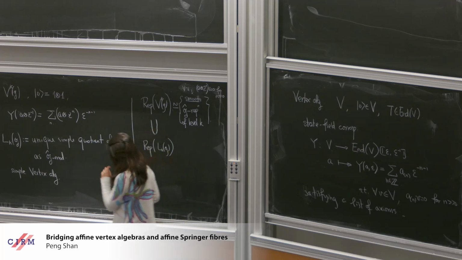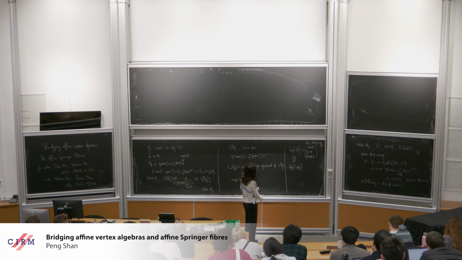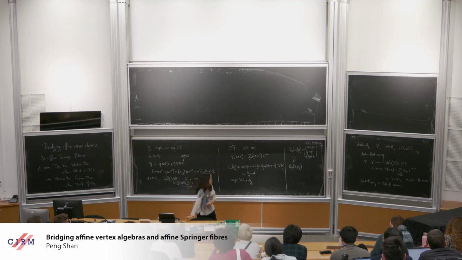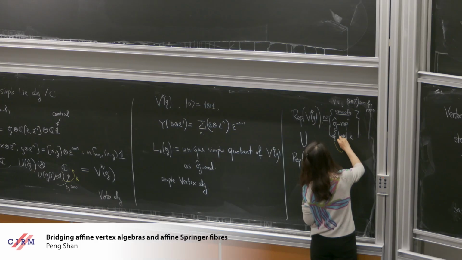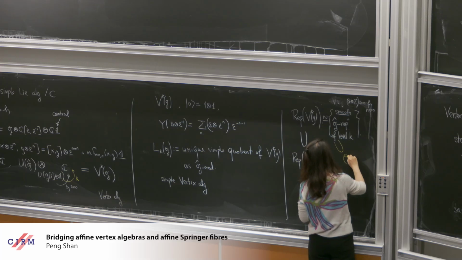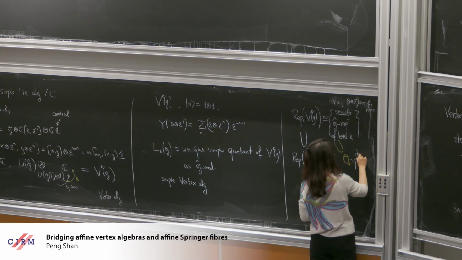Okay, and then I will not be interested in the entire category of representations. Rather, I'll be interested in the so-called category O. So here I have a subcategory which is called category O. This consists of highest weight representations, or is generated by highest weight representations.